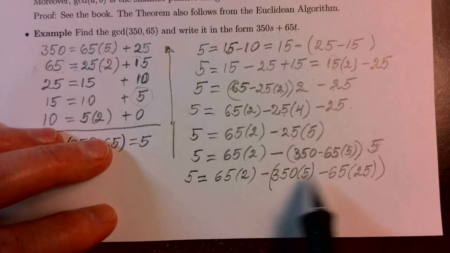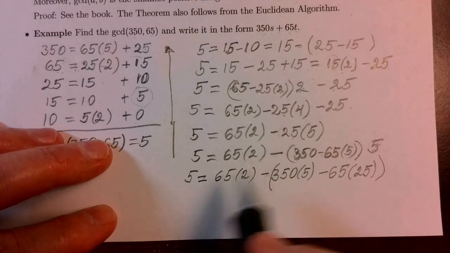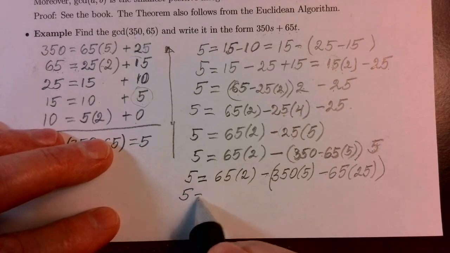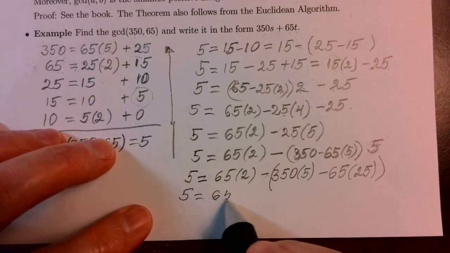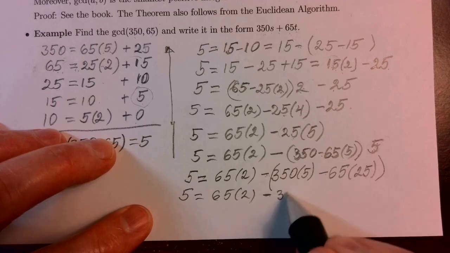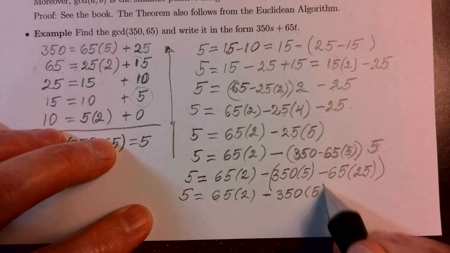And here we have distributive law, so distribute this negative sign. So minus 350 times 5.